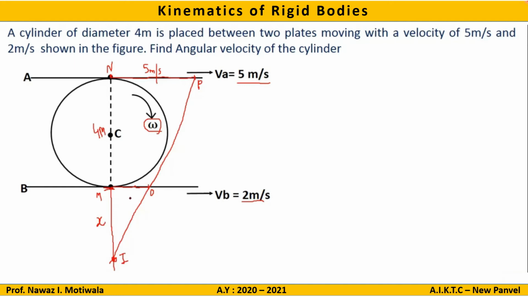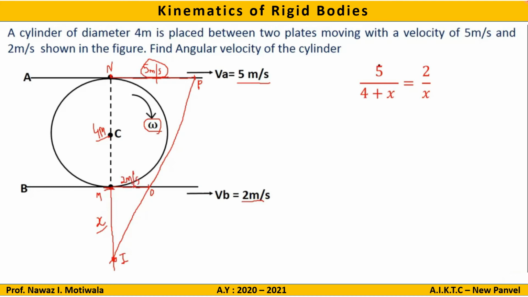I am just applying the concept of similarity. By using similarity of triangles, I will get 5 divided by 4 plus x. So this is 5, the base of this triangle, divided by the height of this triangle, 4 plus x, should be equal to the base of the other triangle, which is 2 meter per second, divided by its height, which is only x.